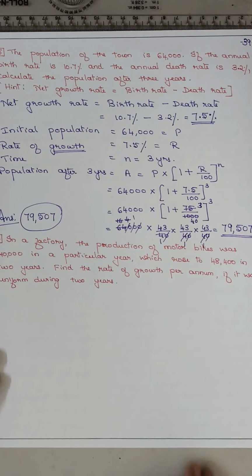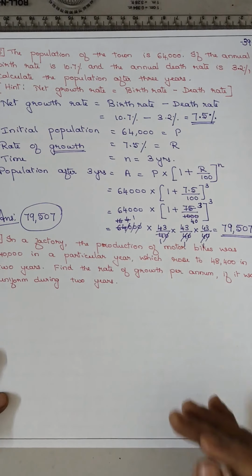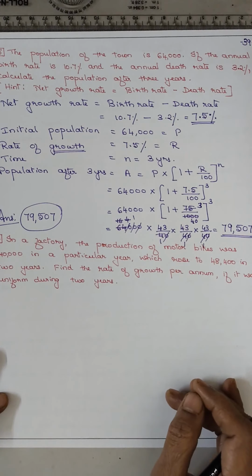Okay. Now the last question: in a factory, the production of the motorbikes was 40,000 in a particular year. So the initial production was 40,000, which rose to 48,400 in 2 years. पहले 40,000 था, 2 साल के बाद वो 48,400 हो गया.